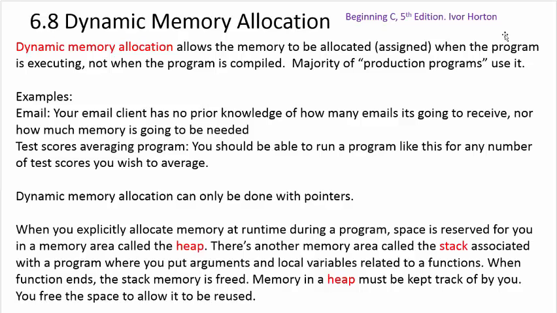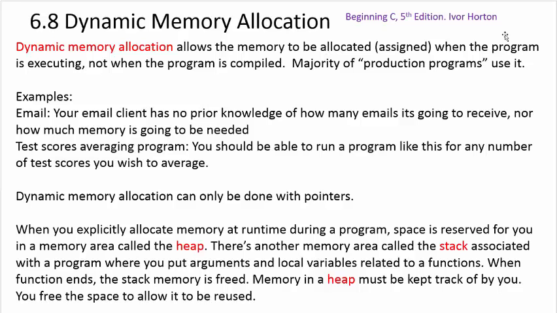A few other important terms, just to understand the difference. The memory that you allocate during a program is called the heap. There's another memory area in your program called the stack, and the stack is a memory area that variables and arguments of functions use. When your function is done being executed, the memory on the stack is released.